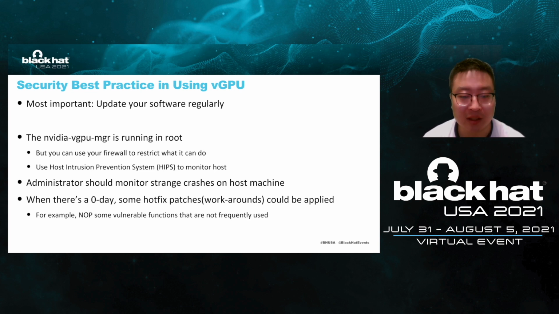Also, administrators should monitor strange crashes on the host machine and report them to Nvidia when you think it is a dangerous crash. And when there's a 0-day and some hotfix patches, which you can also call workarounds, they could also be applied. For example, you can block some vulnerable message handlers or functions that are not frequently used.